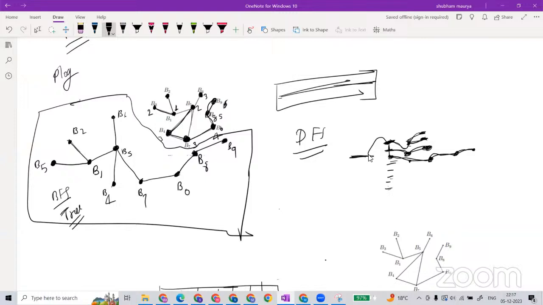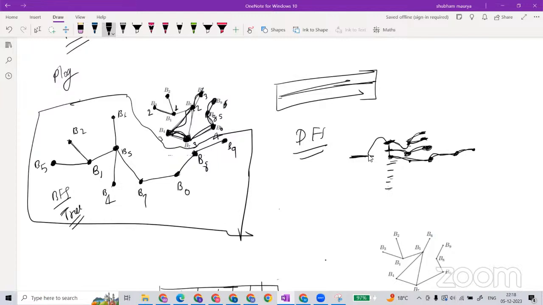Then I start backing now. Once I back here, it is already visited. So back here, then back here. And from here I got a new page, then we'll go here. And again there is no vertex ahead, so again back here.